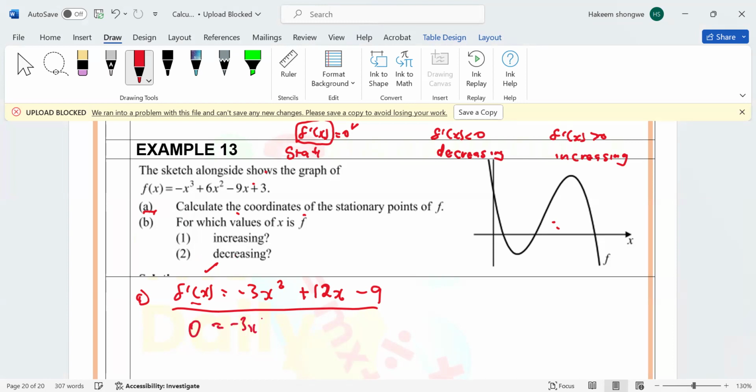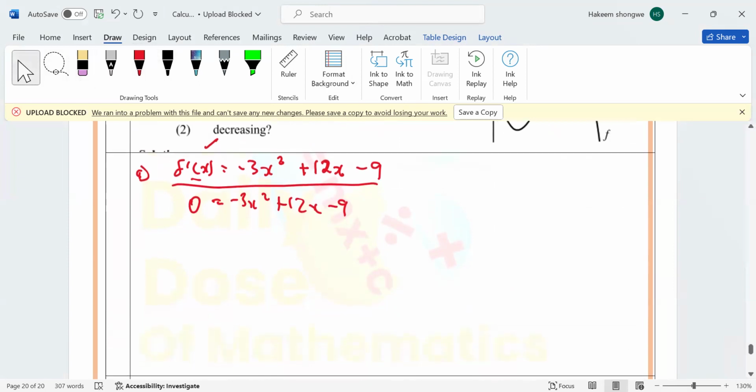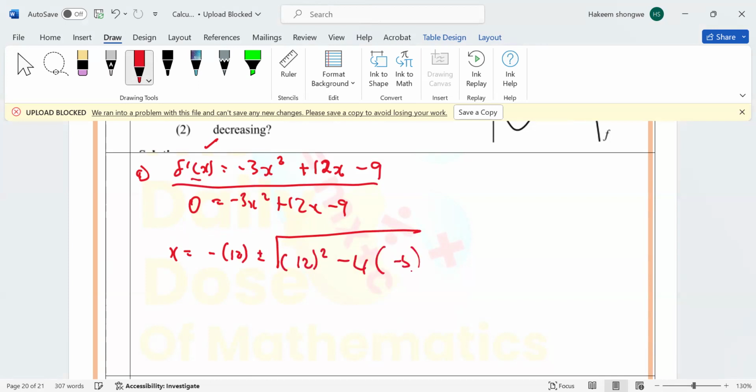So you can put 0 here, and you get minus 3x squared plus 12x minus 9 equals 0. Depending on whether you want to be a hero or not, which we usually advise against, you can use your quadratic formula. x equals minus 12 plus or minus the root of 12 squared minus 4 multiplied by minus 3 multiplied by minus 9, all over 2 multiplied by minus 3.